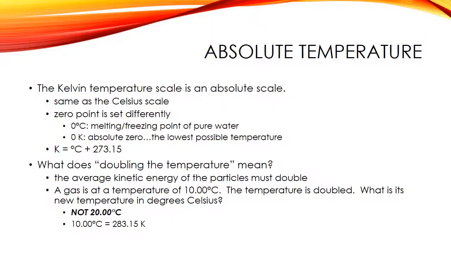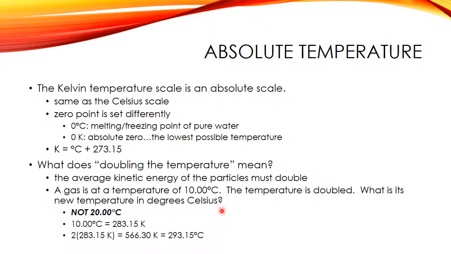So the first thing we would need to do is convert our temperature of degrees Celsius into Kelvin. So 10 degrees Celsius, I add 273.15 to that. That's going to give me 283.15 Kelvin. That is the temperature that gets doubled. So I take 2 times 283.15, and that's going to give me a temperature of 566.30 Kelvin. And if we want it in Celsius, we would then subtract 273.15 to get 293.15 degrees Celsius.